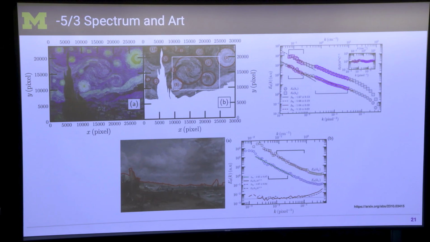Okay, I was going to the wrong place. So it sits there. It's Van Gogh's Starry Night. So you can take this picture, cut out the cathedral and tree and all this stuff, take only the sky, pixelate it, red, green, and blue, and take a Fourier transform. And if you do that, you will find the exact minus 5/3 spectrum for that also.